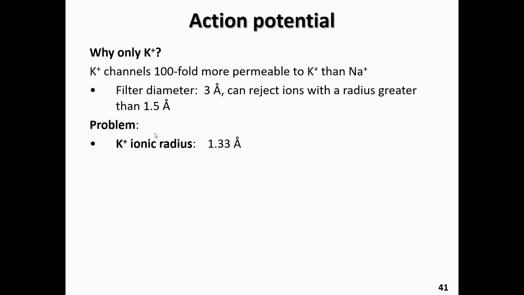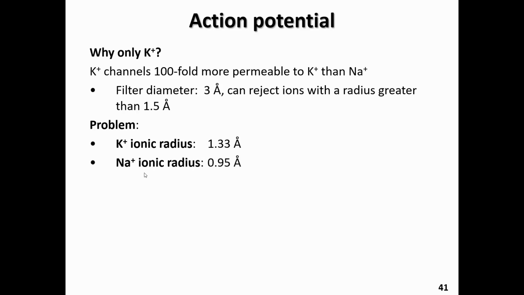However, the problem we have here is if we take a look at the ionic radius of potassium. The ionic radius of potassium is 1.33 angstroms. If we multiply that by 2, we get 2.66 in terms of a diameter, which says that it can fit quite easily through the selectivity filter because it's smaller than the maximum width of that filter.